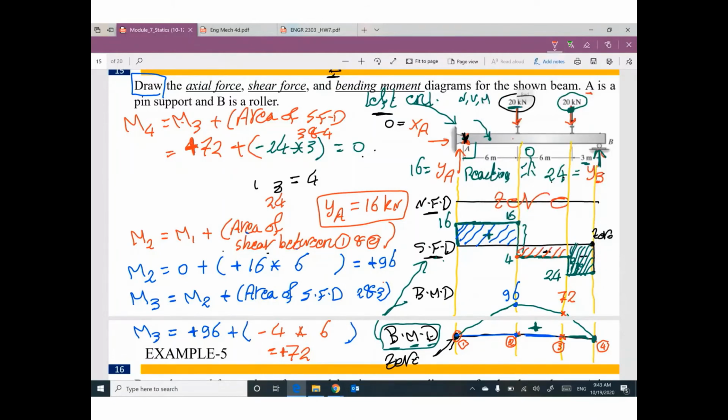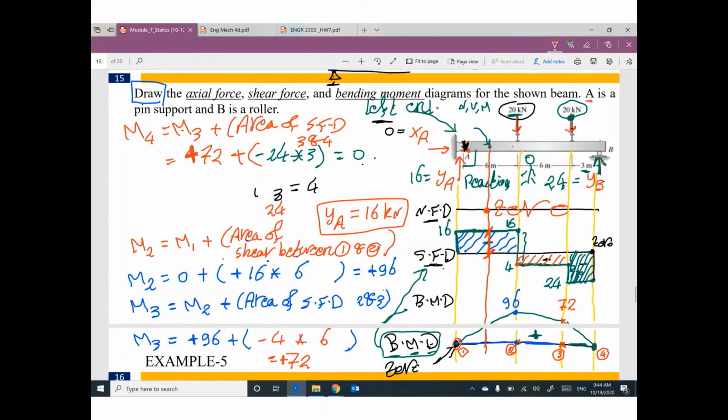Very simple. Just go down. The normal force is 0. The shear force is 16. The bending moment will be this value. Another one will say, can you tell me the internal forces at this specific point?